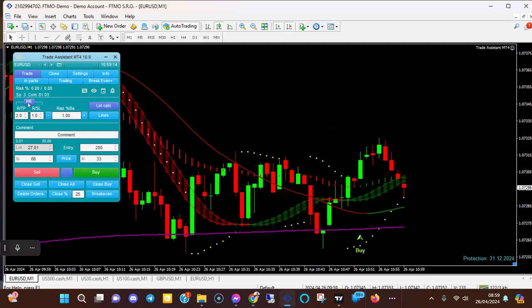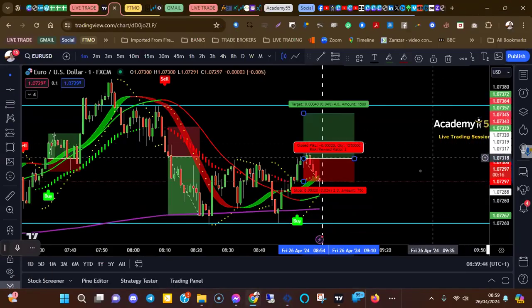You've got your risk to reward in purple, your lot calc in purple, and this square button in purple in case you need to close all trades for whatever reason. Also make sure you've got your Academy 55 indicator on your template there. If you don't know how to do that, Steve has made some excellent training videos for you to watch in the back office. So that's the housekeeping done.